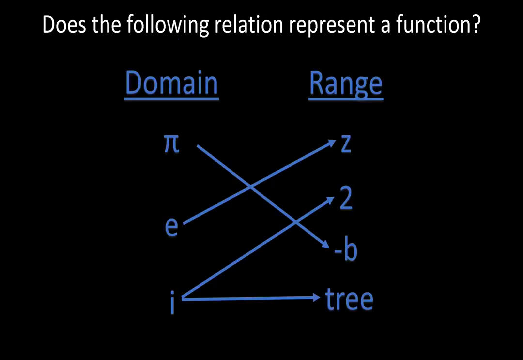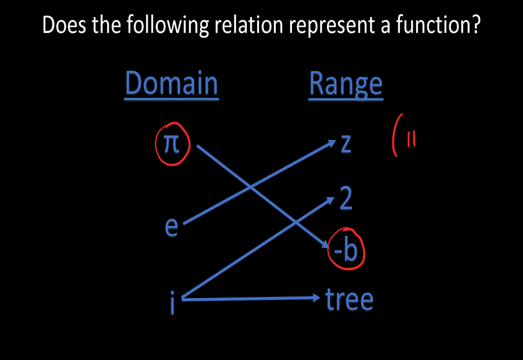In this example, we have a little bit different representation of a relation. All of the elements on the left side of the screen are elements of our domain, and all of the elements on the right side are elements of our range. The first element of the domain is pi, and I can see that if I follow the arrow here, pi results in a -b in our range.